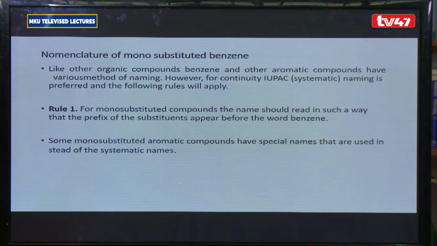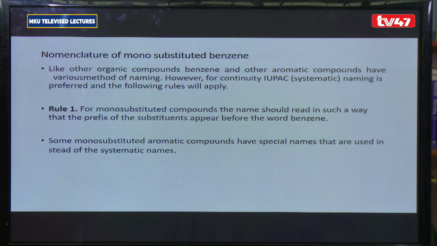Apart from the IUPAC system, many of the compounds had already been given names prior to the IUPAC naming systems, and some of those names are still the most accepted names of some of the compounds. Those are what we call common names.